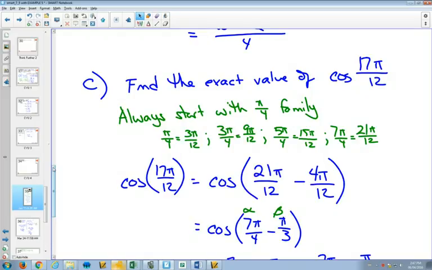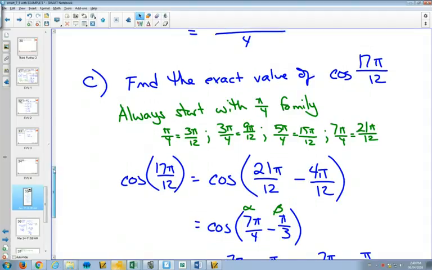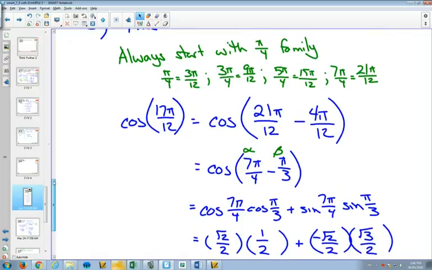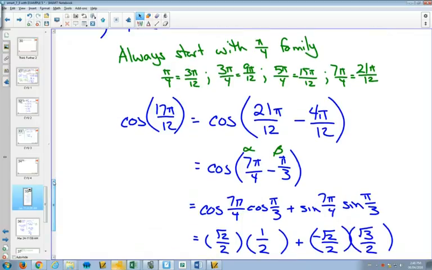The only difference is now that I'm subtracting, I'm going to have to use the formula that uses subtracting. If you use the adding one, you'd have to use a formula that used adding. So what's the formula for cos alpha minus beta? It's cos cos plus sine sine. If we figure everything out, well, now we have some things. 7 pi over 4 is in quadrant 4.